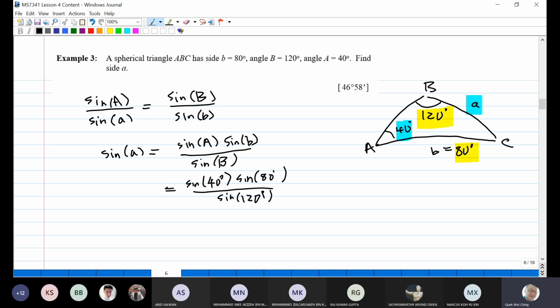You can press your calculator and see what it is. I think you get 0.7310.